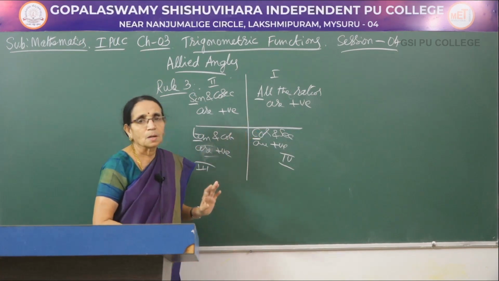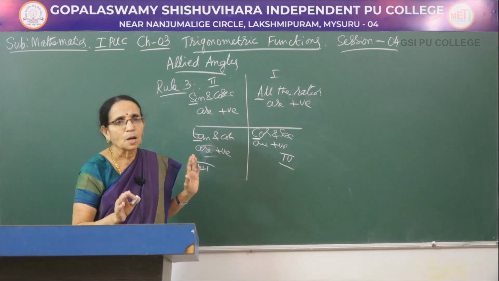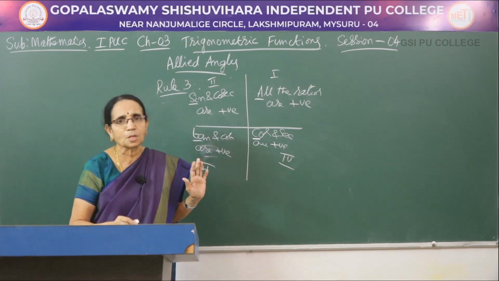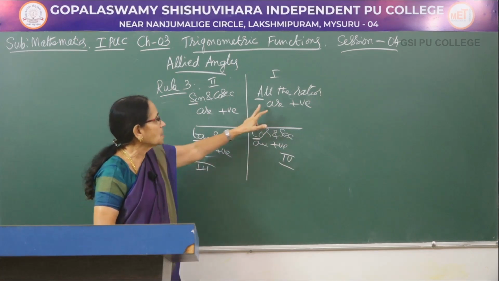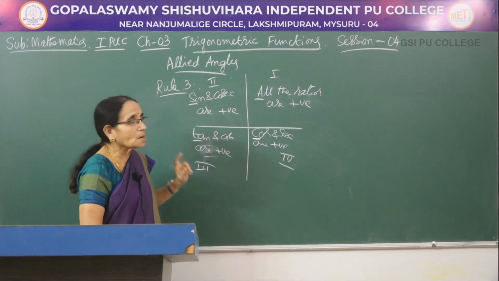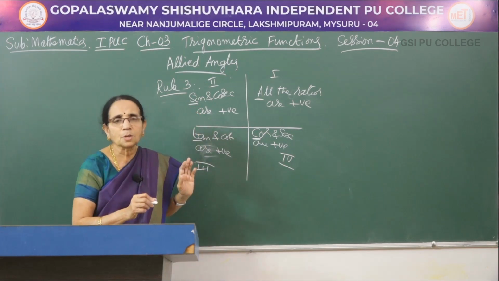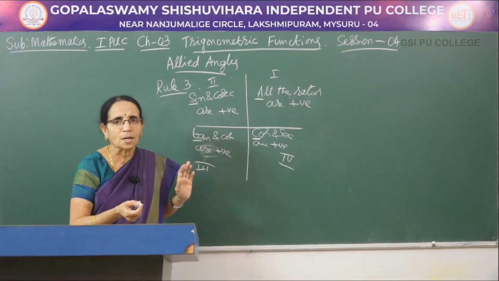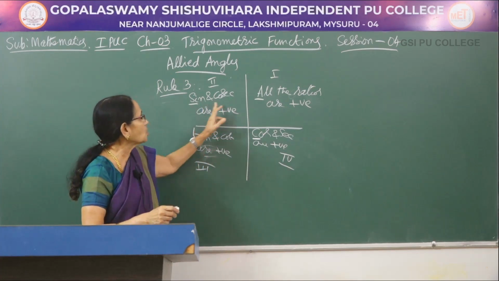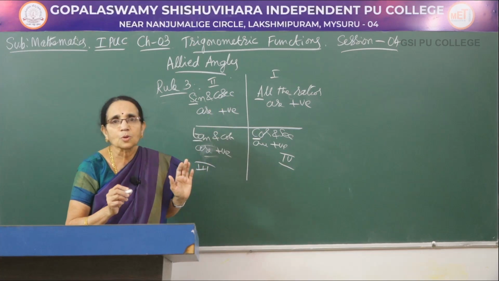Come to the first quadrant. All the ratios are positive. So far, we had considered the angles between 0 and 90, we had taken them positive only. So, I have taken A here. Next, come to the second quadrant. In the second quadrant, when sine is positive, its reciprocal, cosecant, will also be positive. That means, out of the 6 ratios, 2 would be positive, so the remaining 4 would be negative.